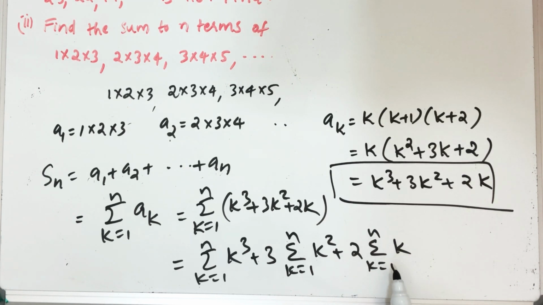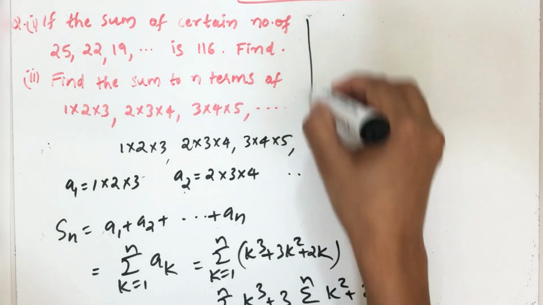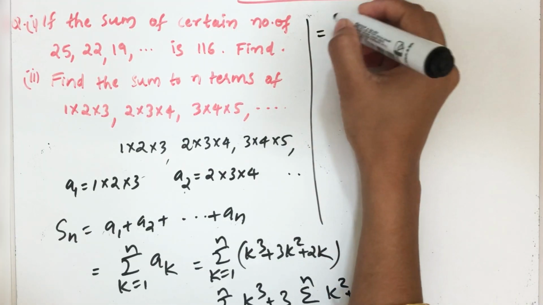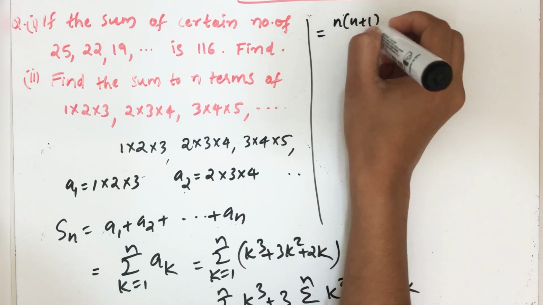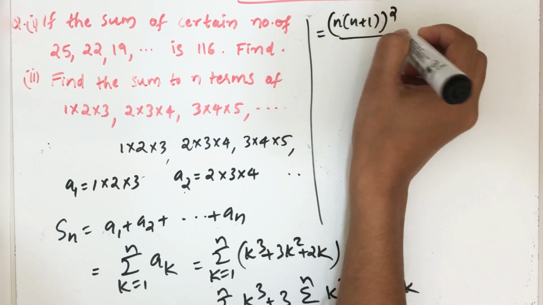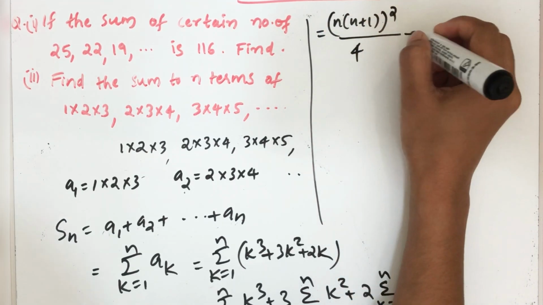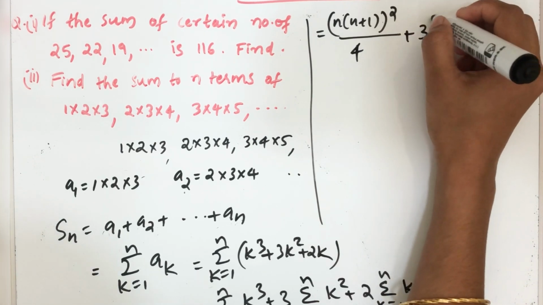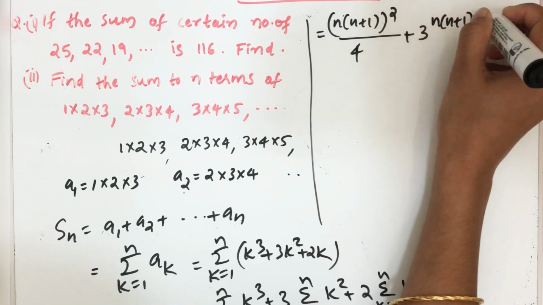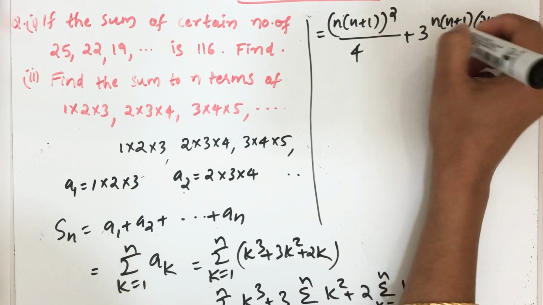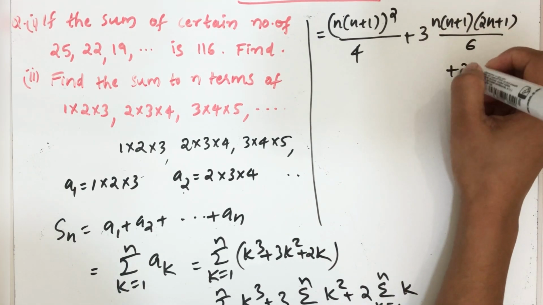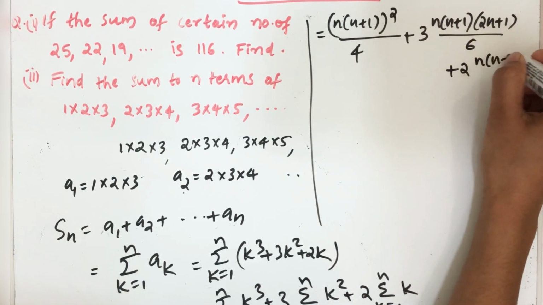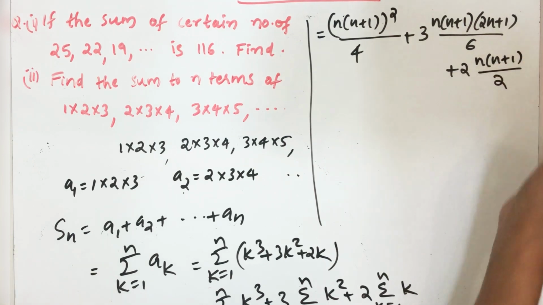So substitute these formulas, then we will get S_n, which is equal to: series k cube is n into (n plus 1) the whole square by 2 square, that is 4, plus 3 into series k square is n into (n plus 1) into (2n plus 1) by 6, plus 2 into series k is n into (n plus 1) by 2.